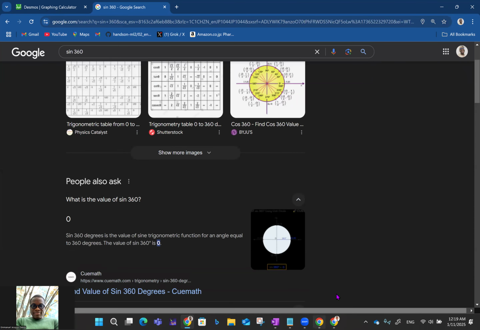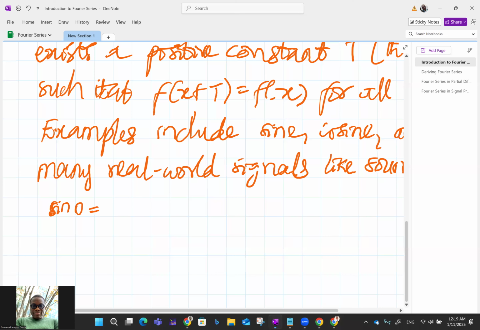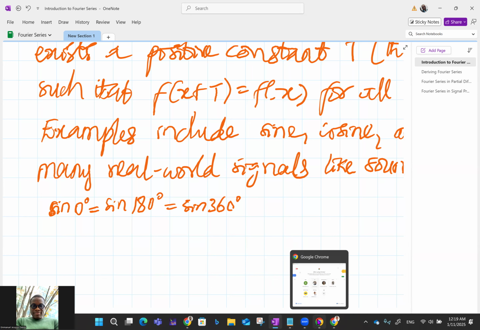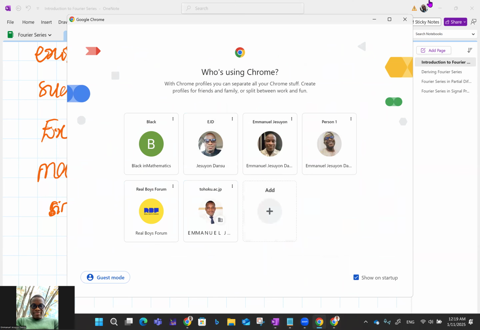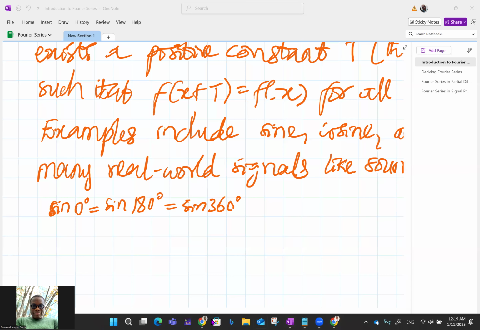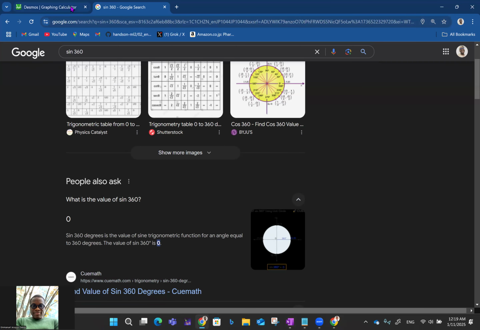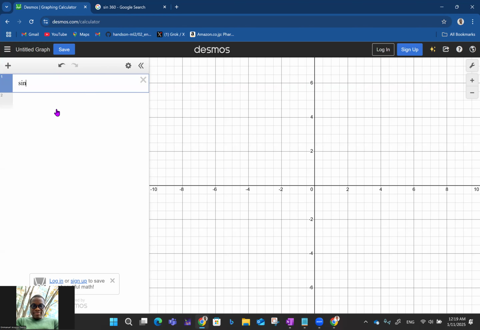So in that case, you see that sine 0 is zero, sine 180 degrees is zero, sine 360 degrees is zero. So it means at every 180 degrees interval, you actually get that value of zero, right? If I go to Desmos, sine 540 degrees.